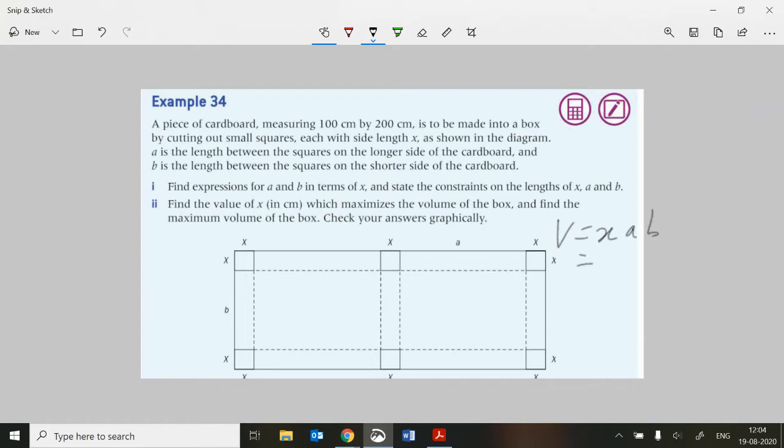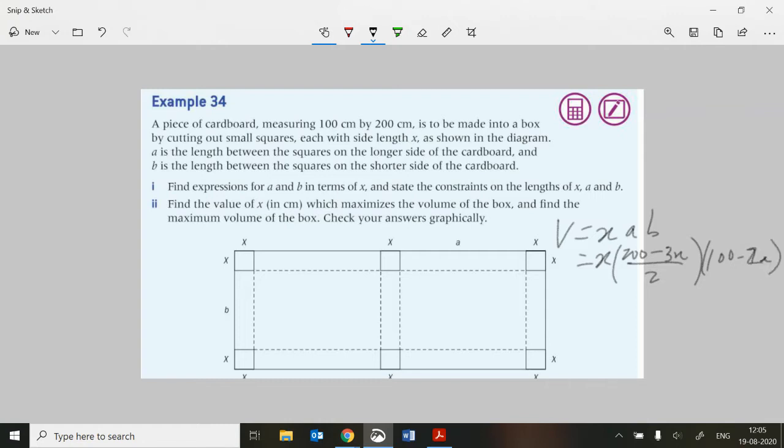And now we set up expressions for a and b. Now the expression for a was 200 take away 3x and divide by 2, and the expression for b was 100 take away 2x.